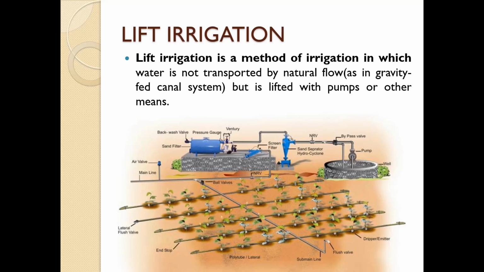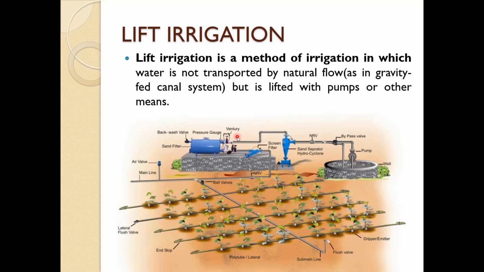So you can see this is the water source here, and here we are lifting the water with the pumps, and again by using this hydrocyclone separator, the screen, and all those things, we are supplying this water to this farm by the drip irrigation method.